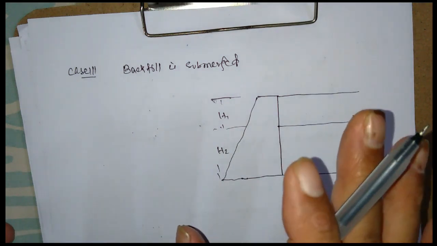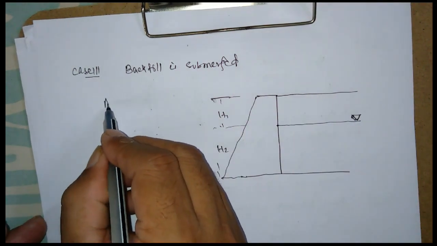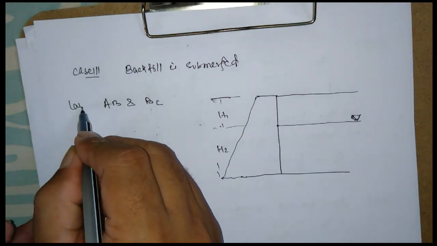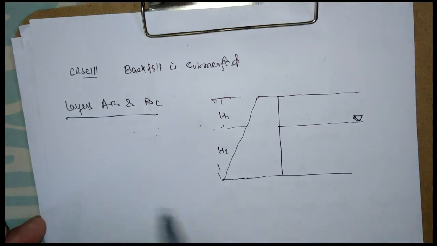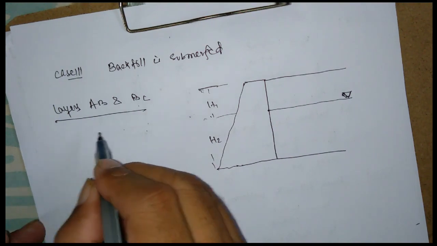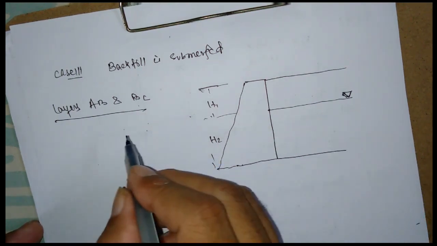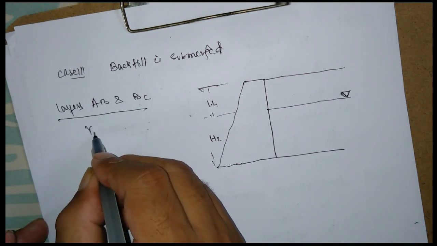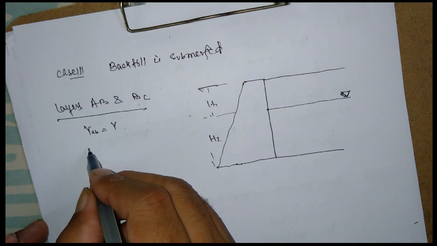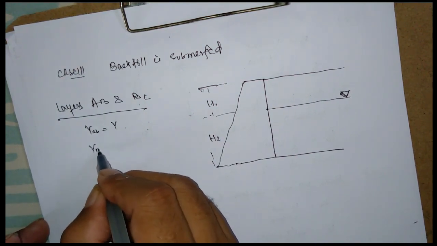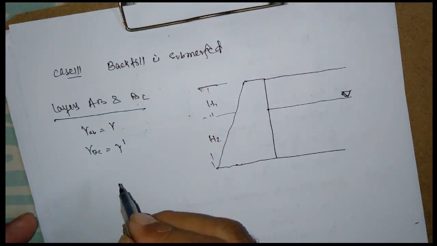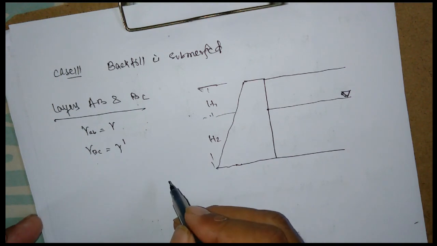Now the backfill consists of two layers, AB and BC. Layer AB is dry, hence the gamma of AB is gamma dry, and the gamma of BC will be gamma submerged. Now we will deal with the problem layer wise.